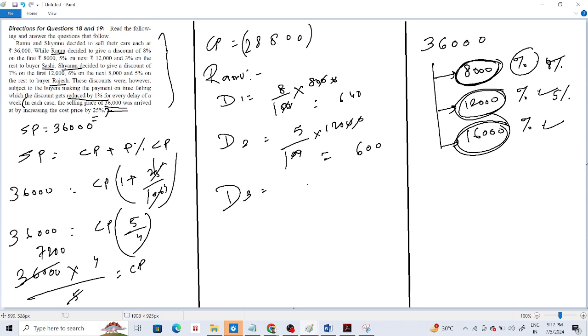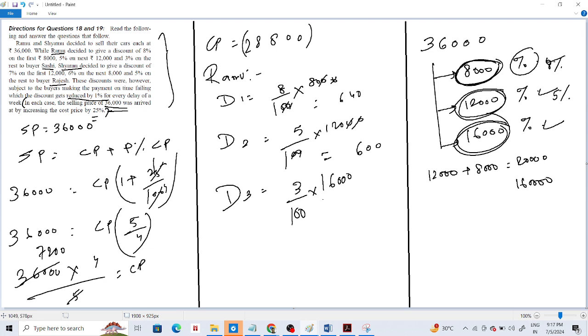Now, what is D3? 3% discount on the rest. Rest means how much is left? 12,000 plus 8,000 is 20,000. What is left? 16,000.